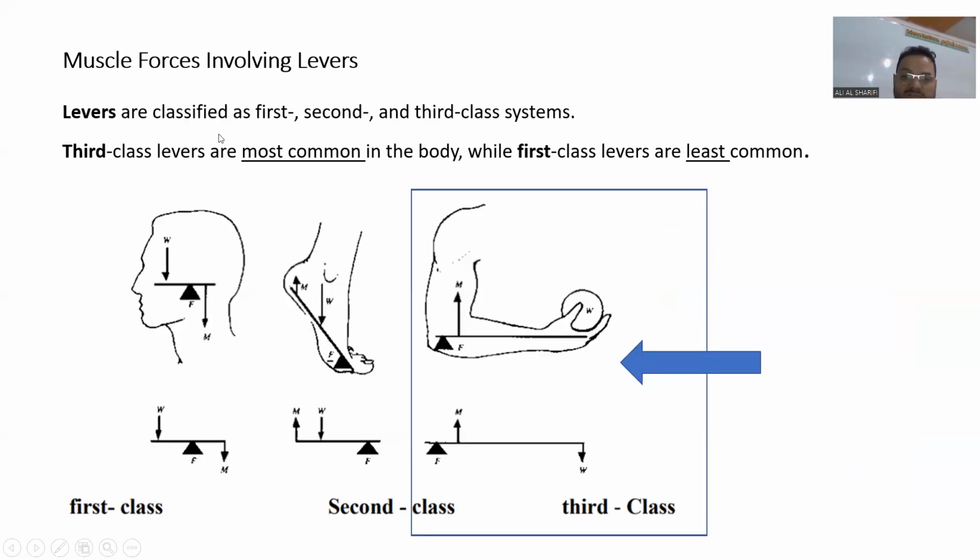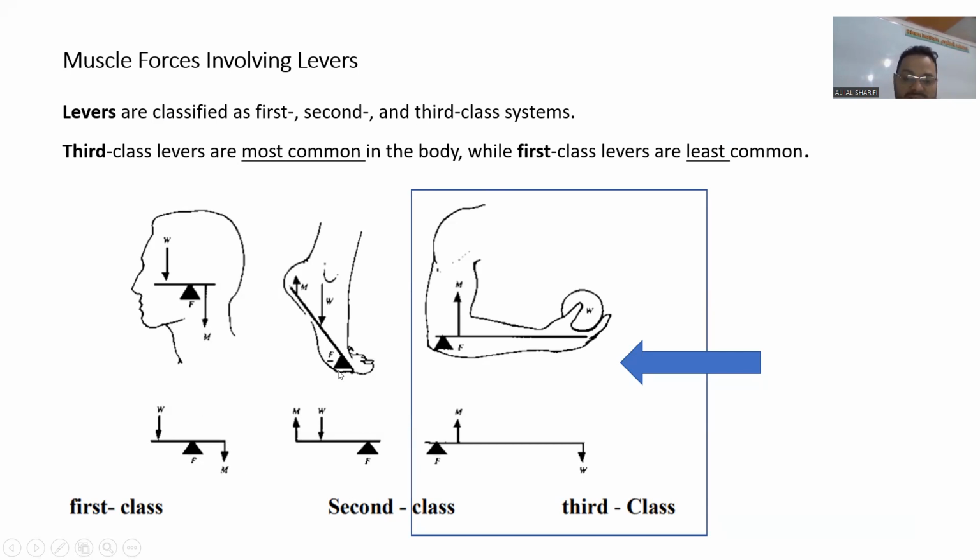Here, levers are classified into three kinds. The most common is the third one. The least common is the first one. Here, the first one is at a specific point at our heads. Here, the triangle will be at the middle. Here, our weight, and here the muscle force.